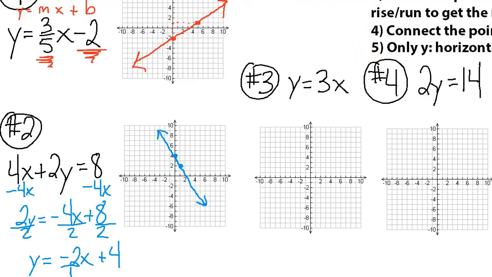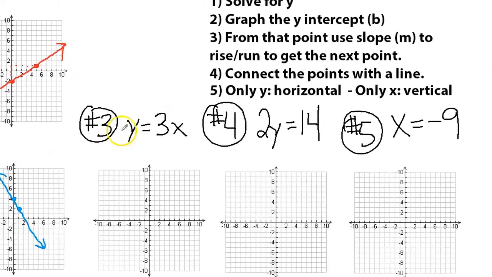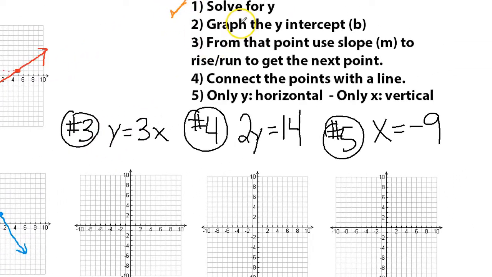Number 3. On question number 3, first thing we got to do is solve for y. Y is already by itself, so check. Graph the y-intercept. Now this is a weird one because it's y equals 3x. There is no plus b. In fact, we could put plus 0 here if we wanted to. That would tell us that the y-intercept is at 0. Since there's no number here, see over here we had a -2 and here we had a 4. Those were the y-intercepts.